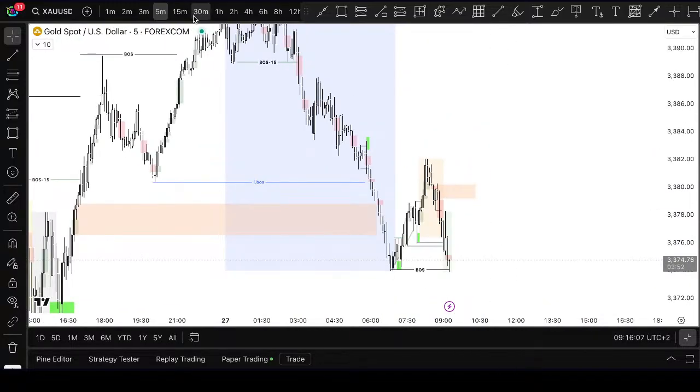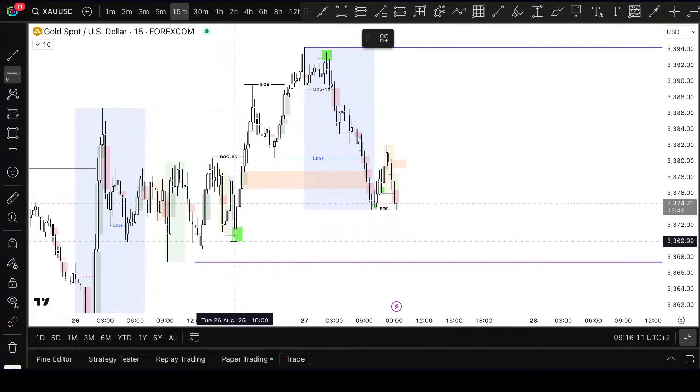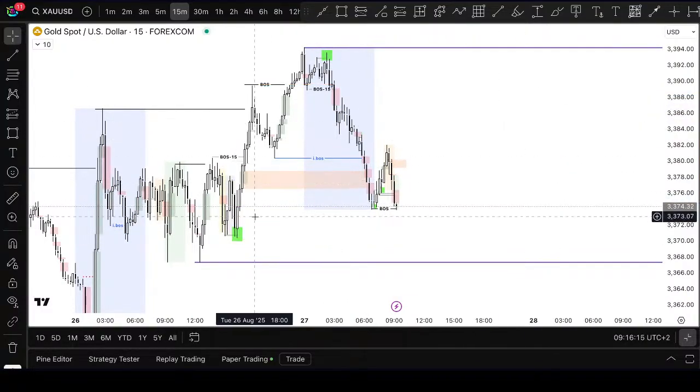15 minutes. Now the question is, do we consider this as a good retracement? No. This is the original. Yeah, we can look for a buy here. No issues with that.